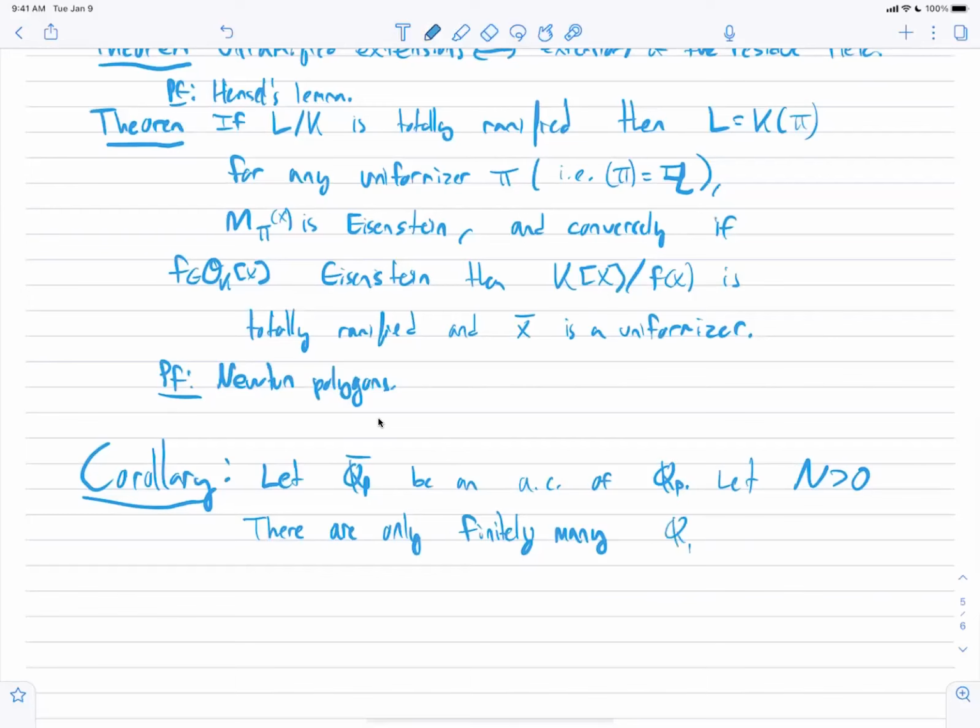So they'll only find intermediate extensions of bounded degree, bounded by n.